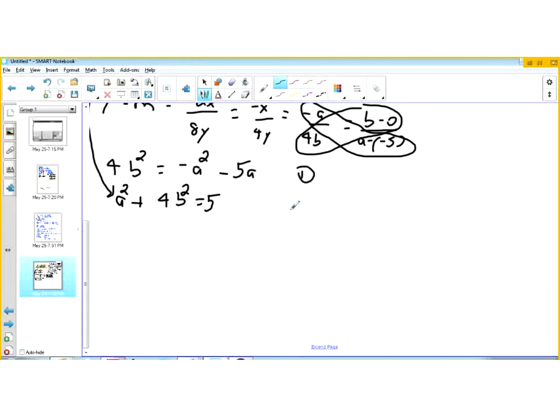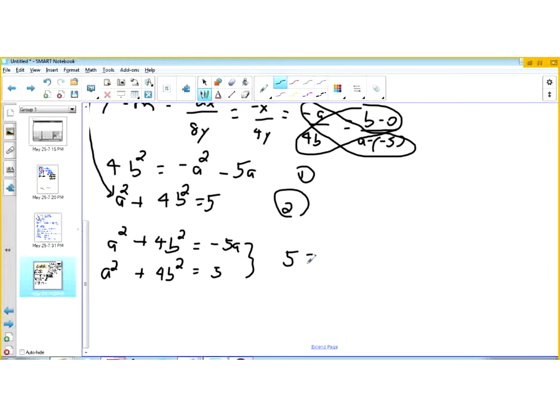So if we call this equation 1 and this equation 2, we have a squared plus 4b squared is equal to minus 5a, and then we have a squared plus 4b squared is equal to 5.